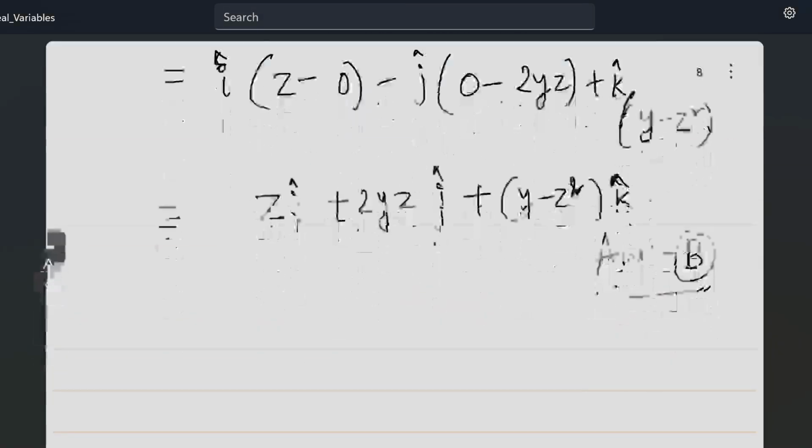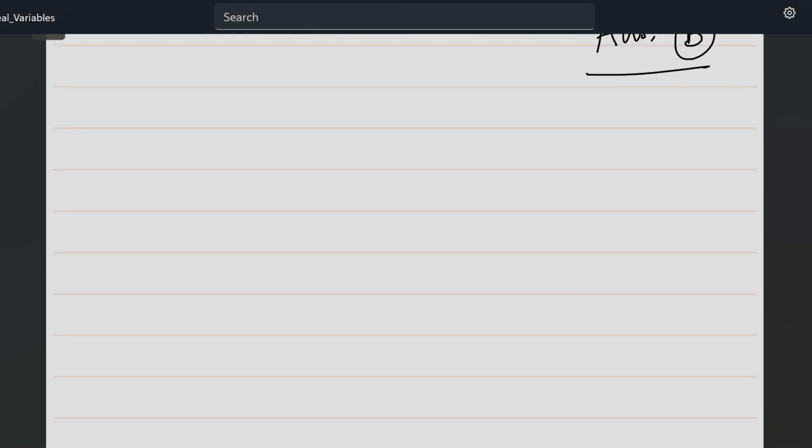So I will first draw the graph. First, I will write what circulation of F is.